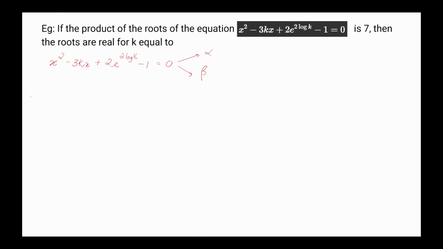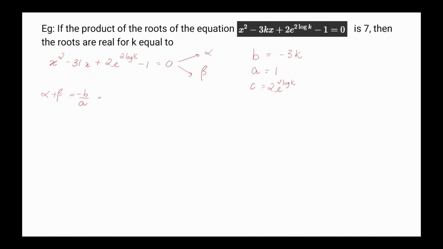Alpha plus beta would be minus b by a. My b value is minus 3k. A is 1. And c is 2 e to the power 2 log k minus 1.